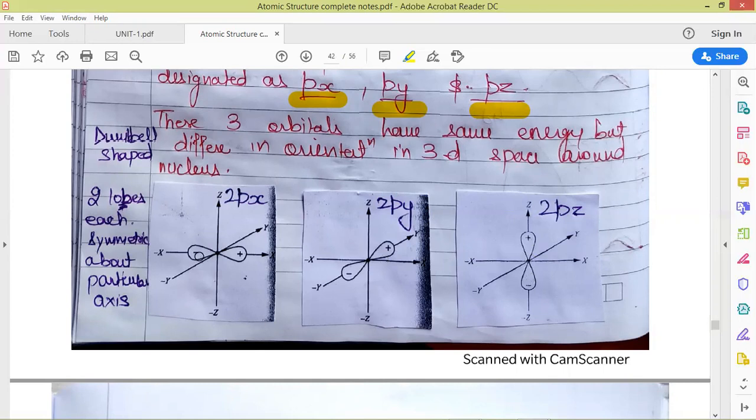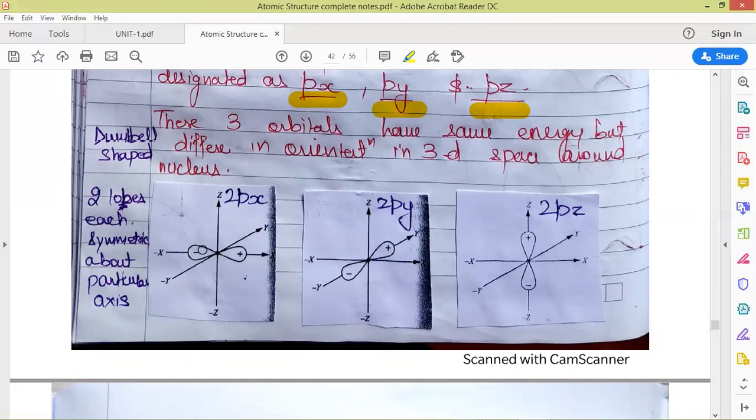Here we can see the signs written inside the lobes, and that opposite lobes have opposite signs. These signs have nothing to do with the electron density. It doesn't mean that here the electron density is negative, or here the electron density is less, or here it is more, or vice versa.